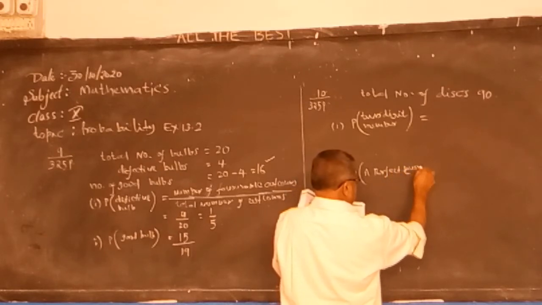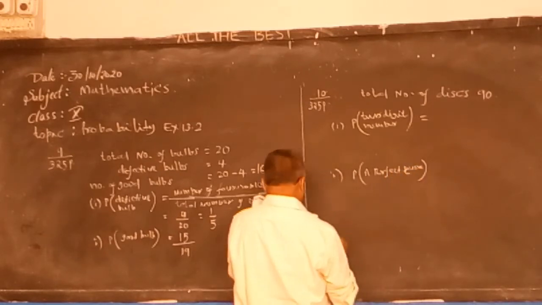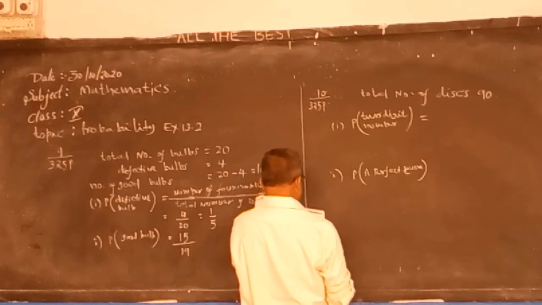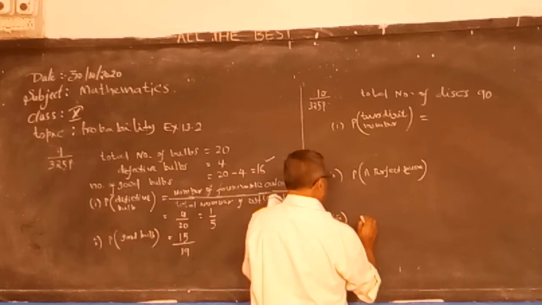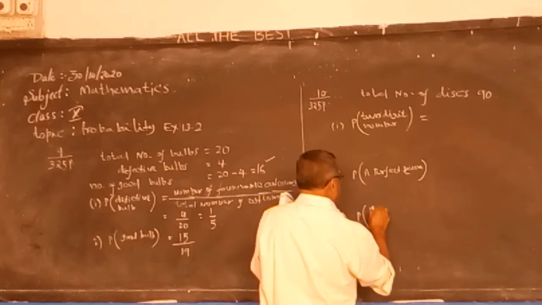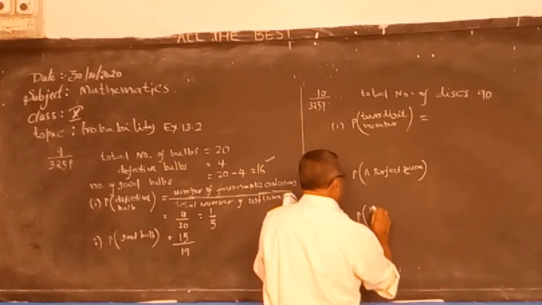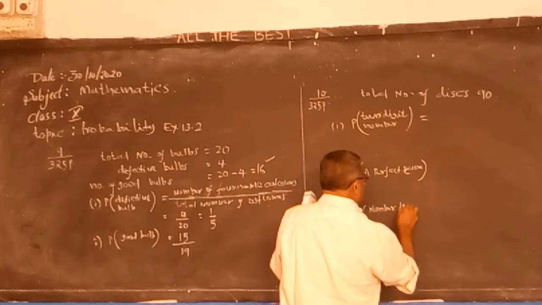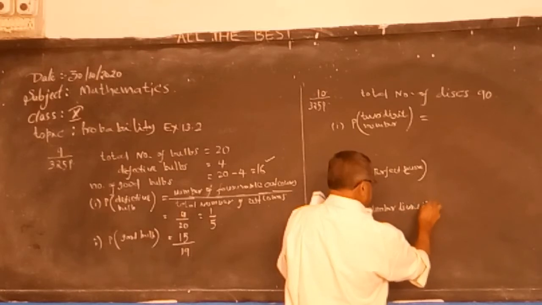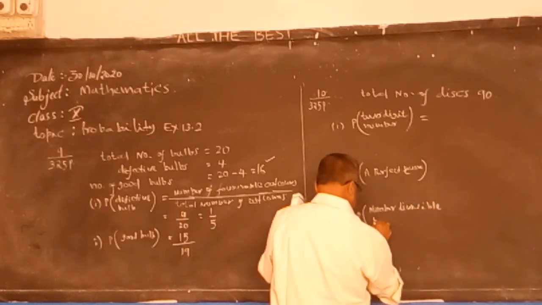Third case: a number divisible by 5. Number divisible by 5.